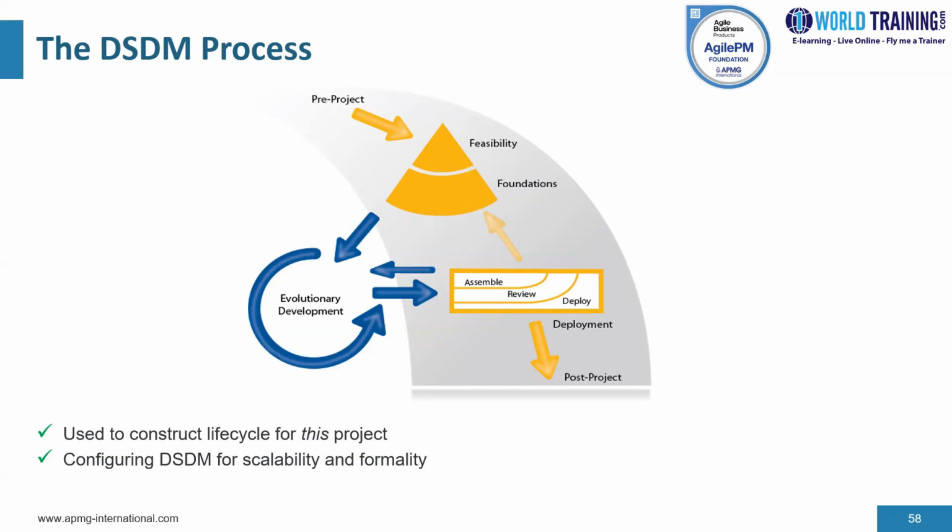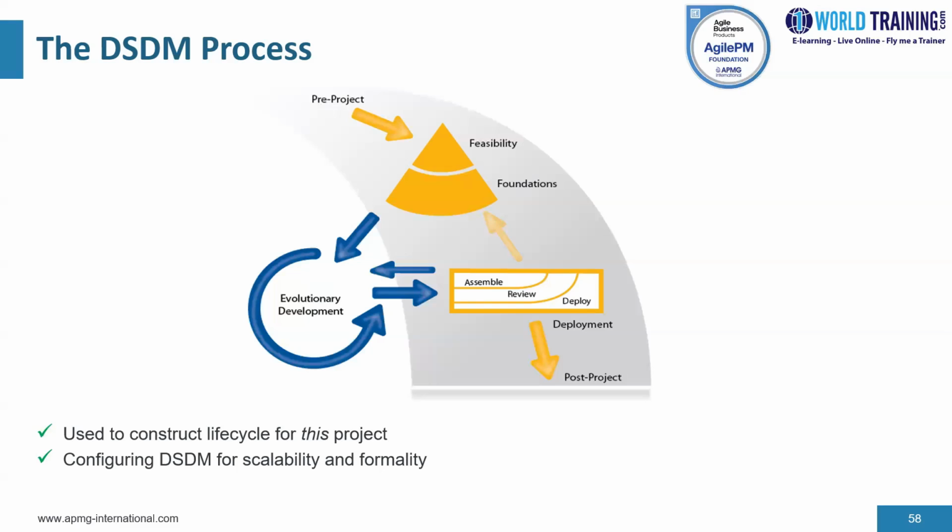The foundation phase also determines the project life cycle by agreeing how the DSDM process will be applied to the specific needs of the project. For smaller, simpler projects, the feasibility and foundations phases can often be merged into a single phase. For larger, more complex projects, it may sometimes be necessary to revisit foundations after each deployment phase.